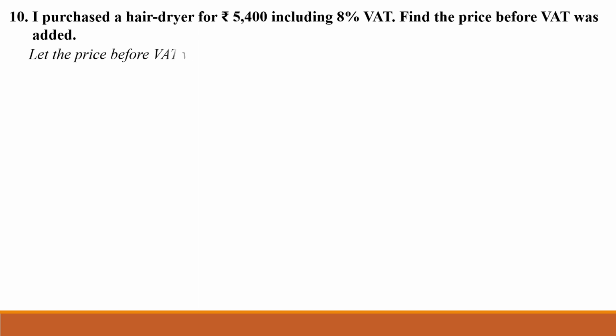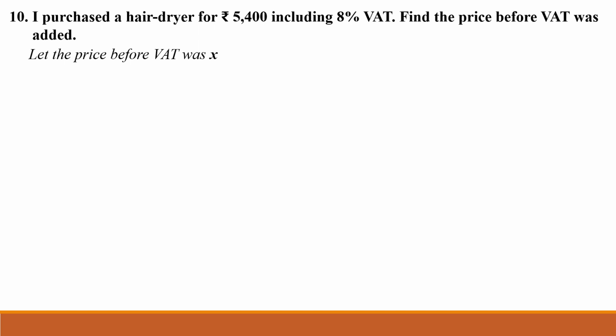As I said, I will solve this by using the procedure of the linear equation. The unknown variable x here is the price of the hair dryer without including the VAT. So I have considered that the price of the hair dryer before the VAT was added was rupees x.